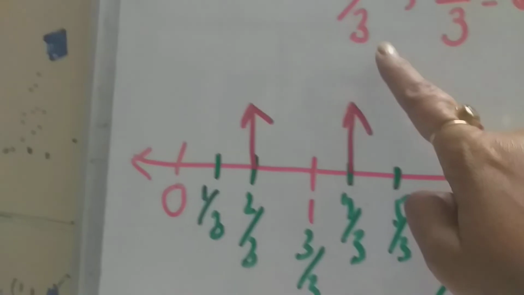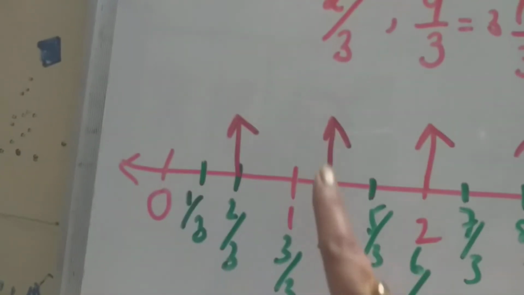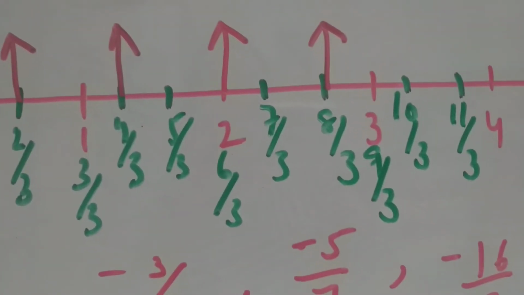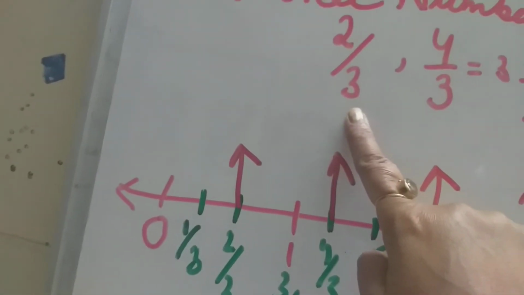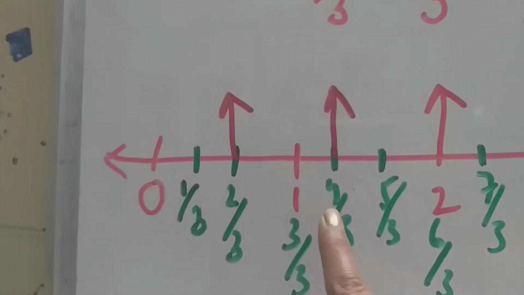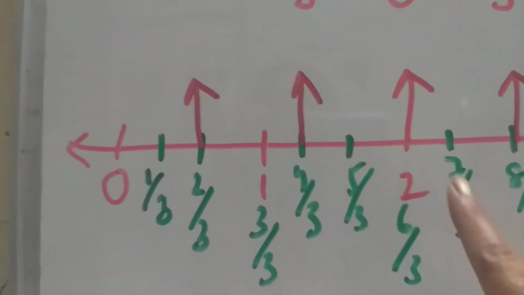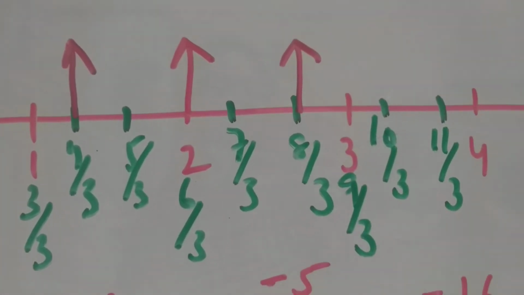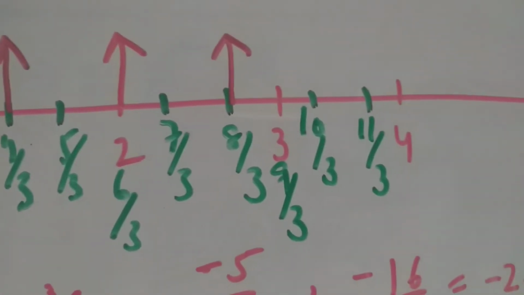And whatever the denominator is, in that same number of parts we have to divide the consecutive integers. Here, the denominator was 3, so I divided 0 and 1 into 3 equal parts, 1 and 2 into 3 equal parts, 2 and 3 into 3 equal parts, and same way I kept on going.